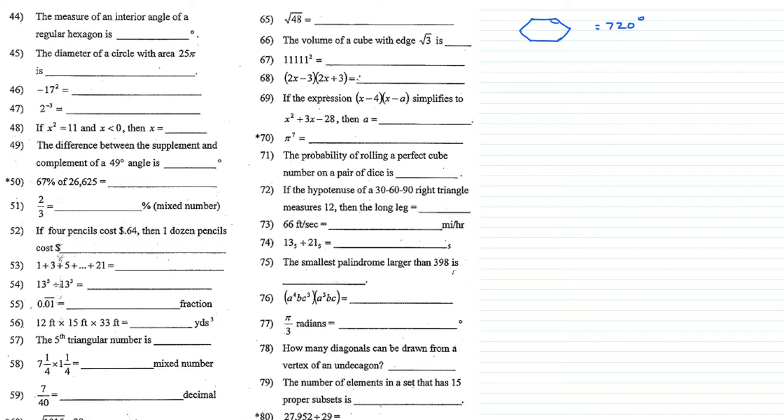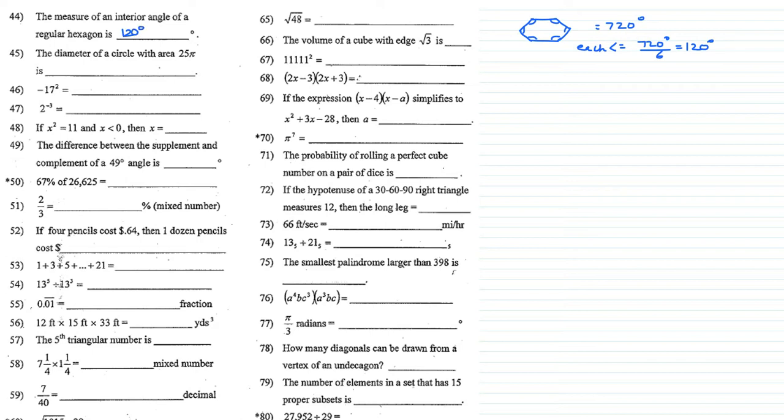So since there are 6 sides in a hexagon, there are 6 angles. So each angle is equal to 720 degrees divided by 6. So that's equal to 120 degrees. So that would be the answer.